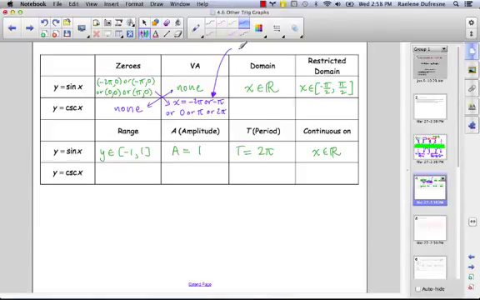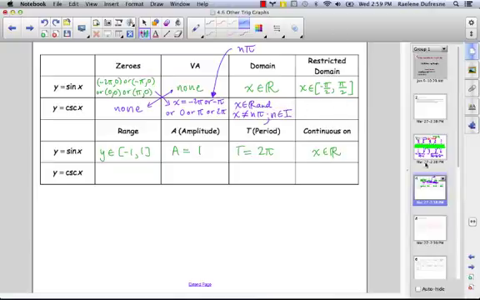We see that these x values are the n pi's, and so x is contained in the reals, and x is not equal to the n pi's. Now we do need to specify what kind of number n is. And we know that n is an integer.